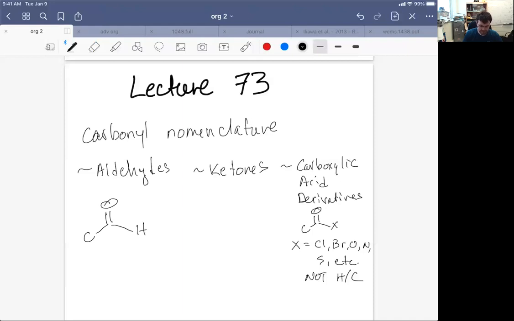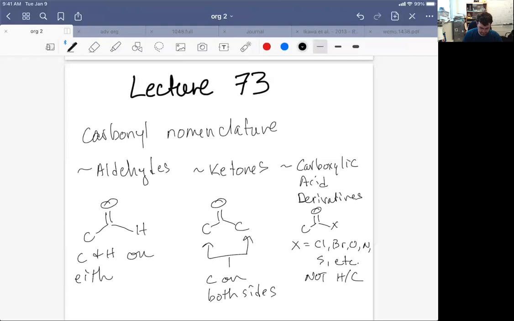And if it's C on both sides, then we have a ketone. Okay, so we have C on both sides, whereas the aldehydes have a C on one side.